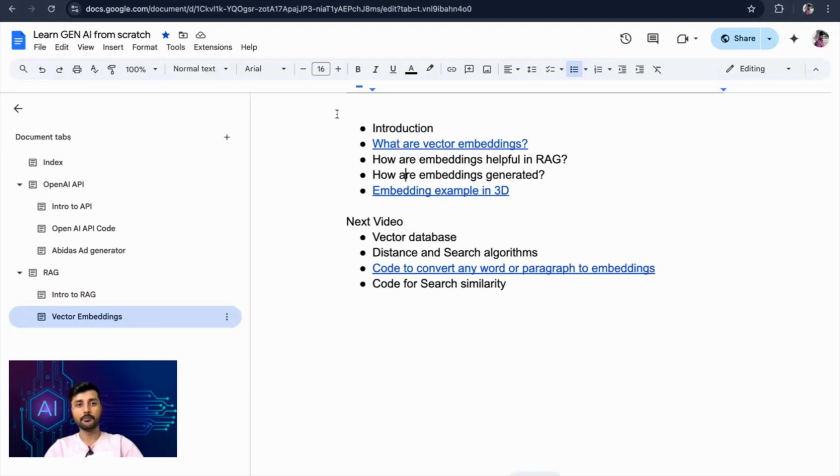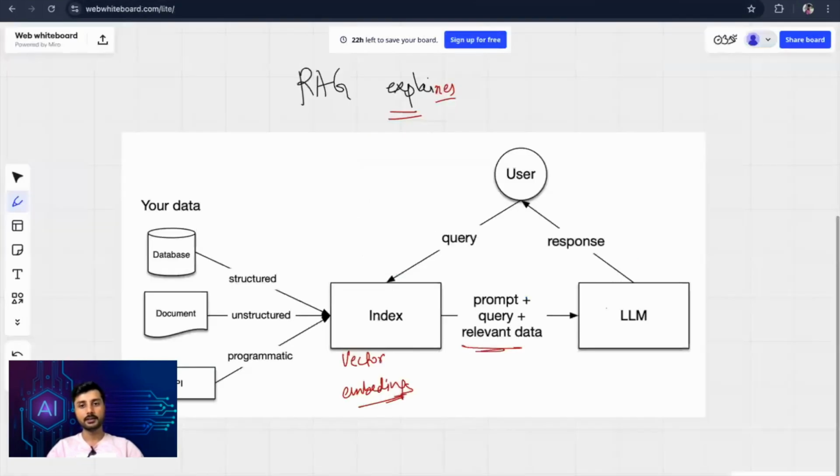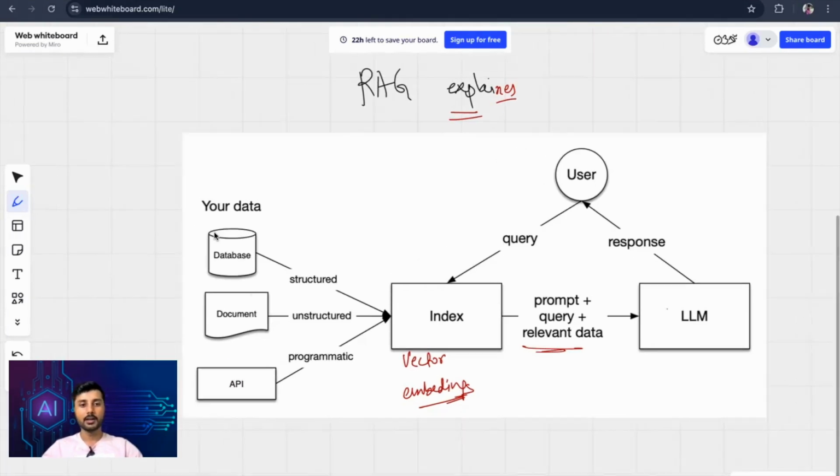I'll start with what we learned in the previous session, which is the RAG approach. If you have not seen the previous video, I suggest you watch that video first to understand vector embedding better. But you can still continue from here. You have some data, structured, unstructured, everything. We store it somewhere, okay?